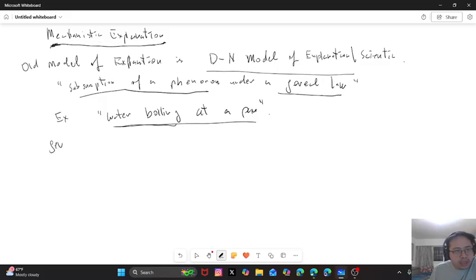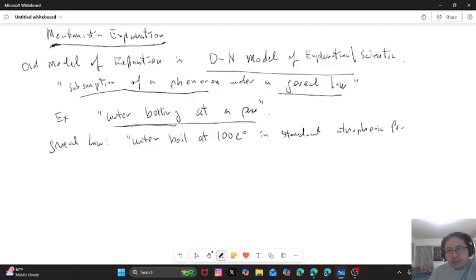The general law in this case would be: typically water boils at, let's say, 100 Celsius in standard atmospheric pressure. Okay, so this is our general law.